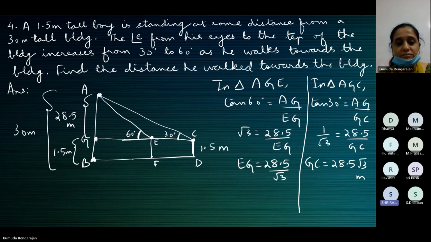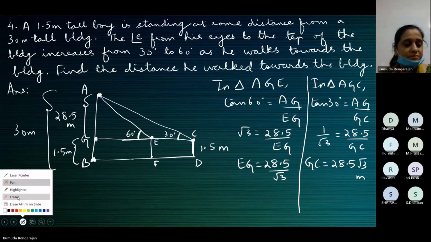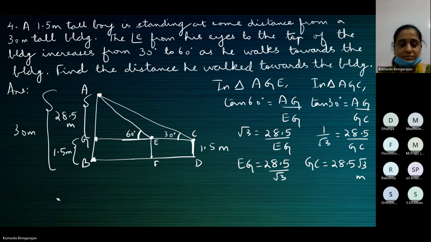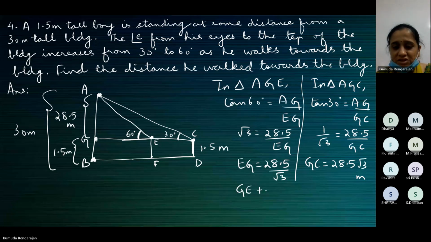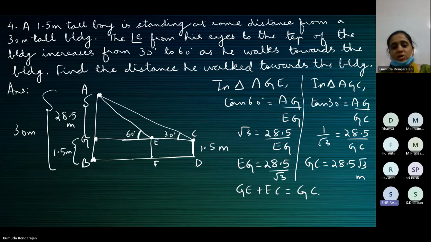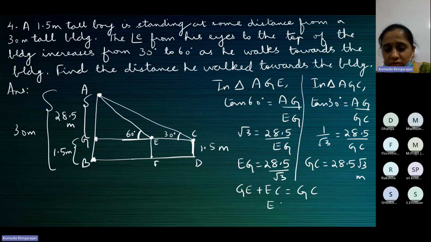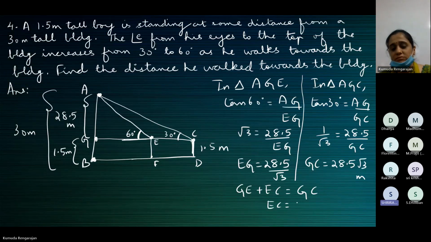We need to find CE. Very good. Which is the longest line segment here? GC, right? Now GC is made up of what? GE plus EC is equal to GC.